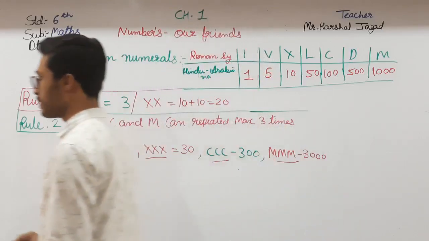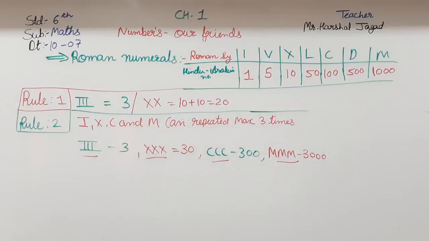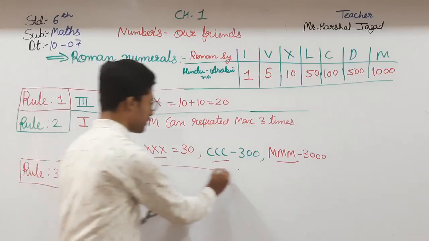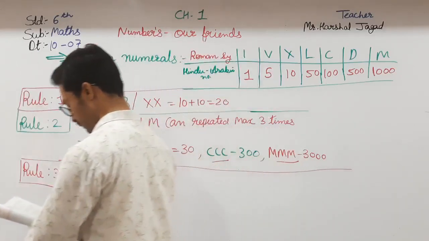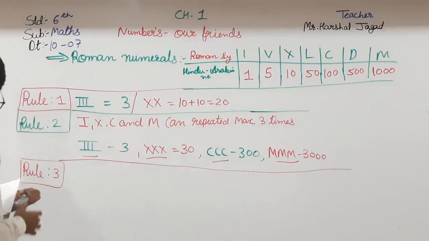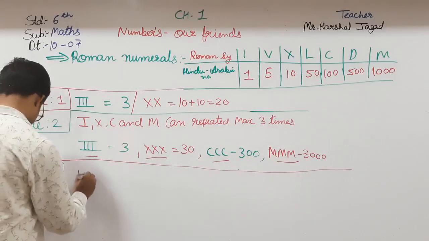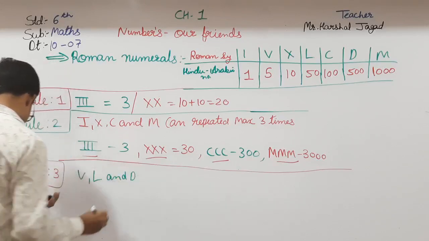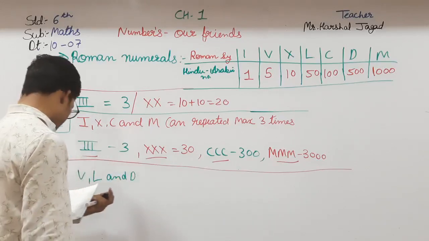Now moving towards the rule number 3, that is the symbols V, L and D can never be repeated.